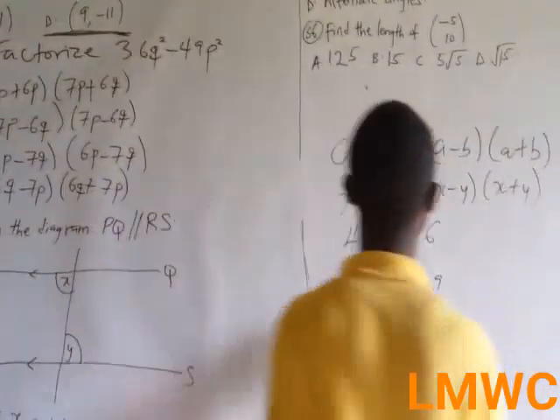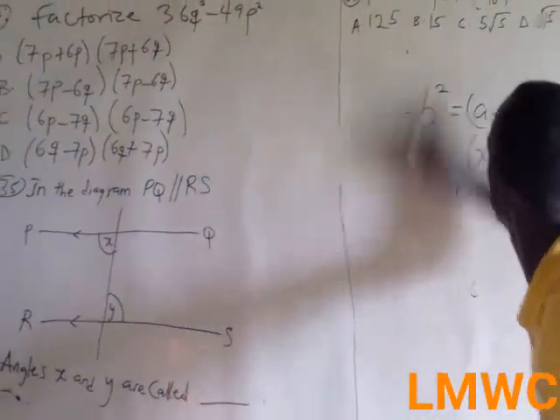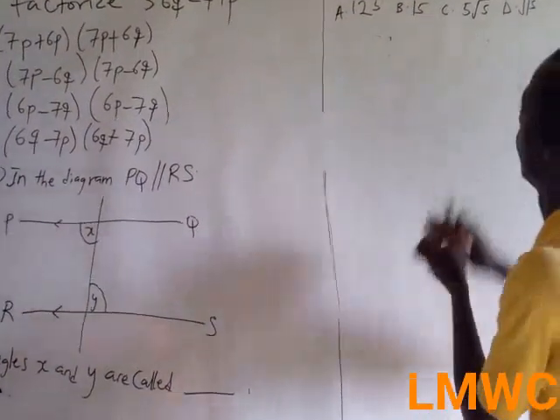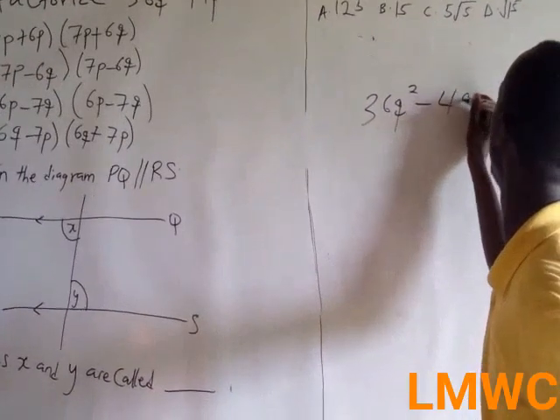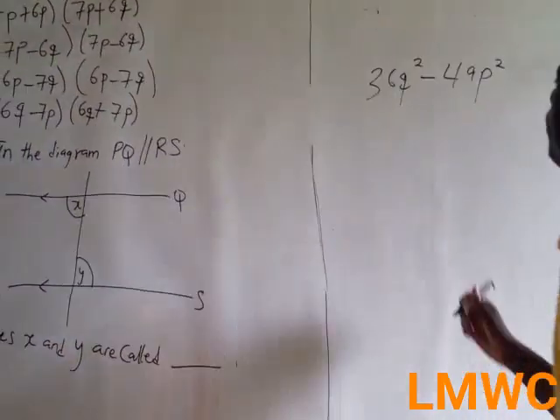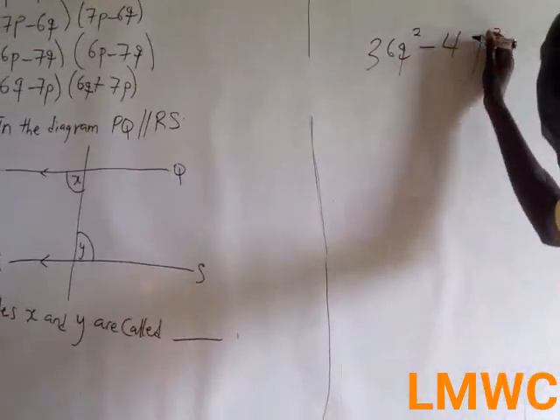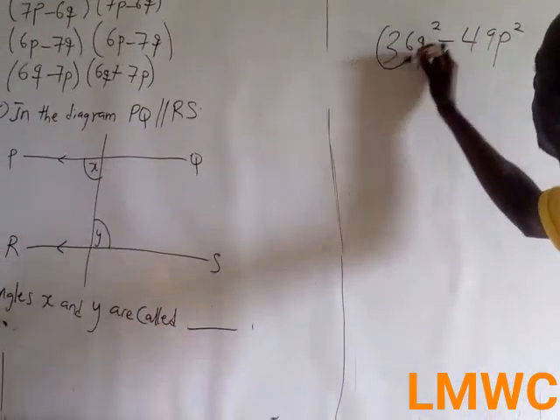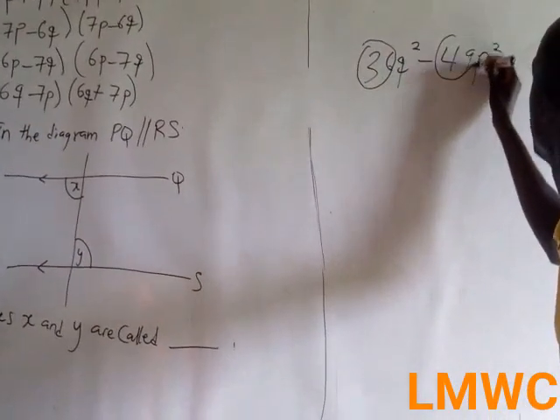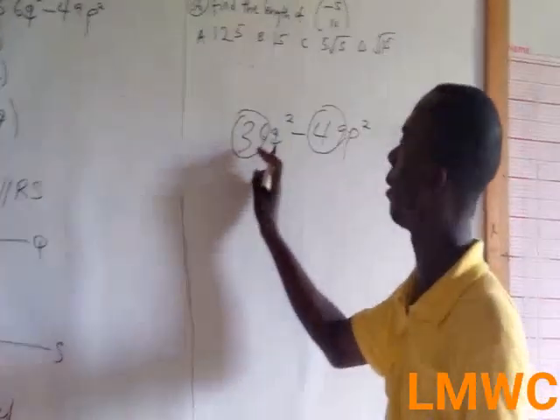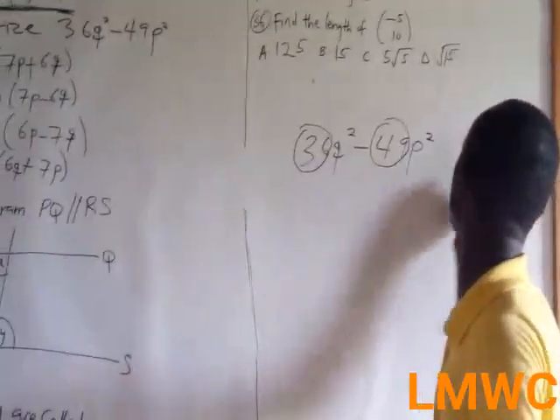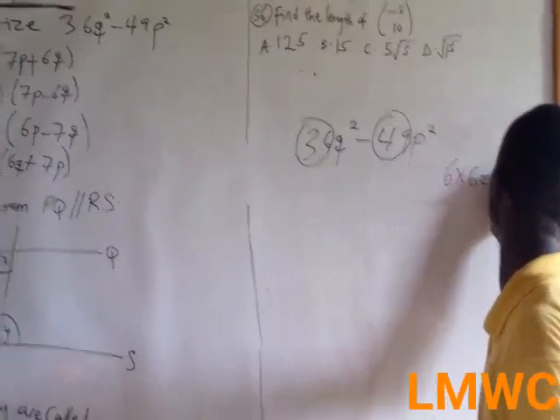We are to factorize 36k squared minus 49p squared. Now, do we have a perfect square here? 36 is a perfect square and 49 is a perfect square. The two same numbers multiplying to get 36 is 6, because 6 times 6 is 36.